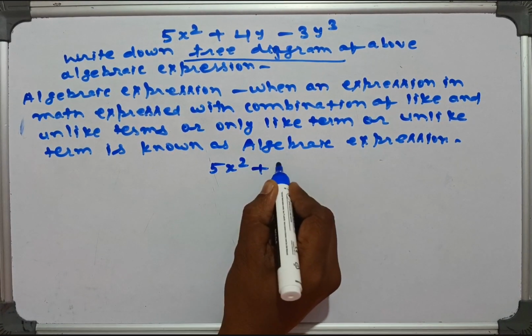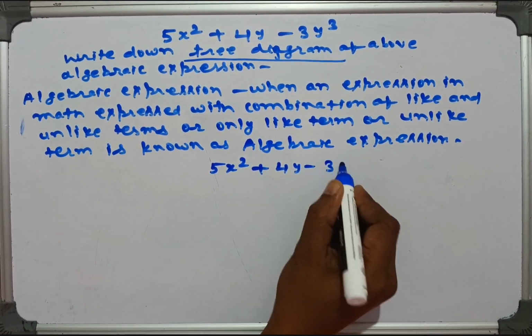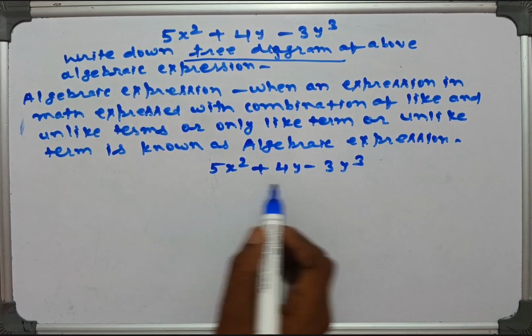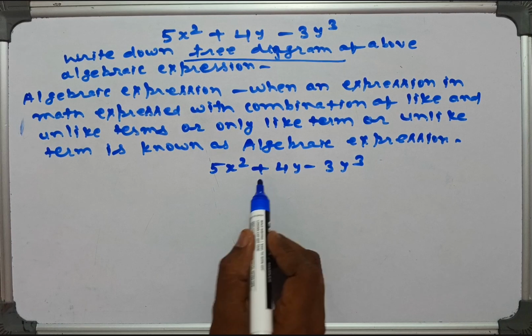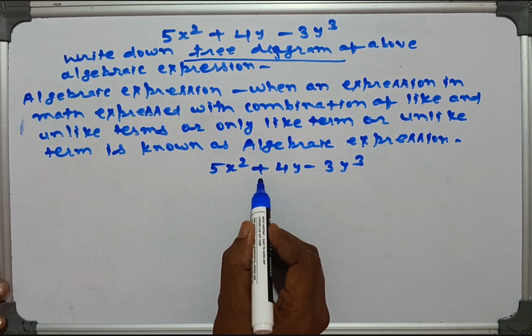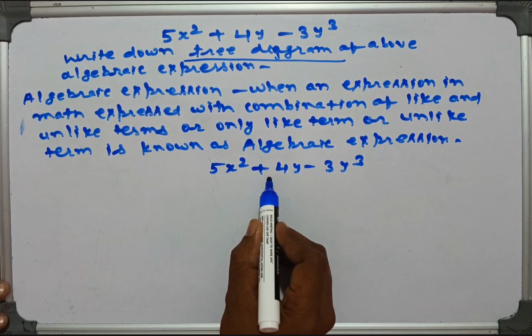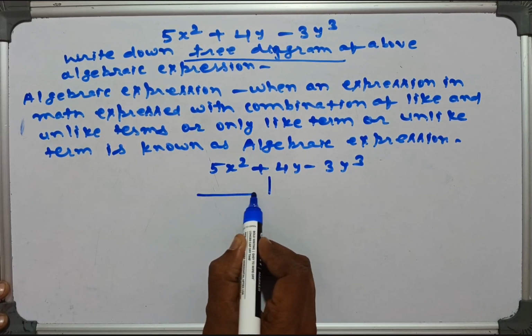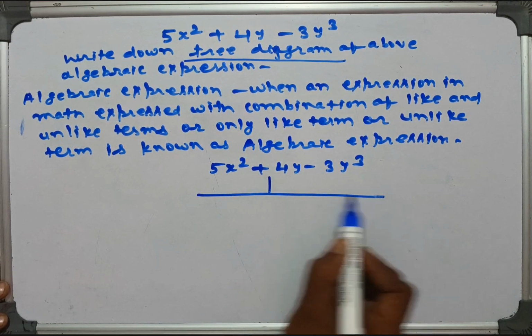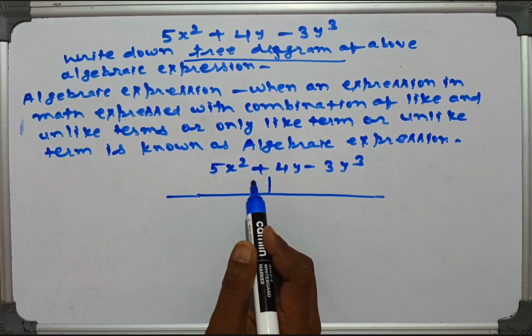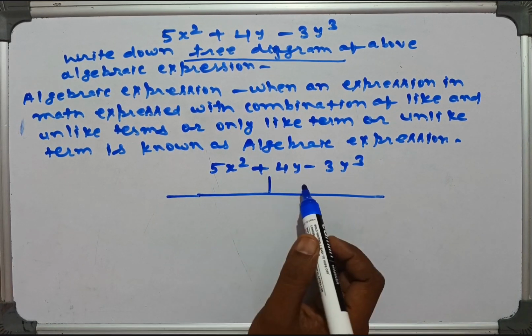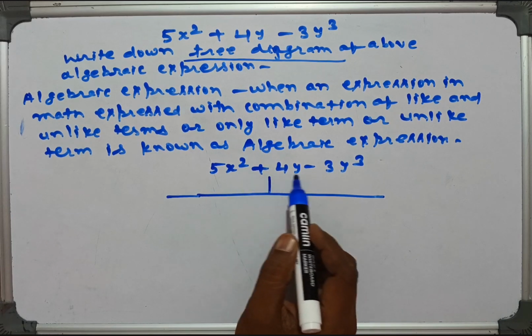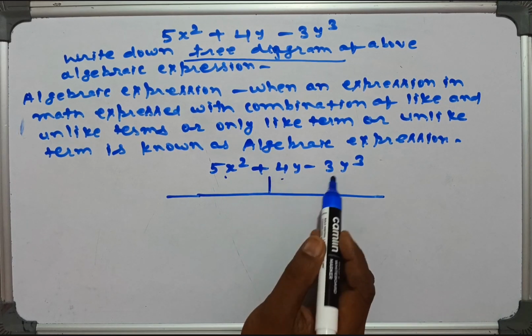5x square plus 4y minus 3y cube. Okay guys, now we want to write a tree diagram. So first we write this one, then we draw a vertical line, then a horizontal line. So how many terms are in this question? There are 3 terms, 1, 2 and 3.